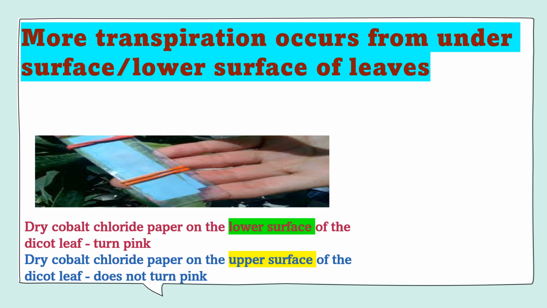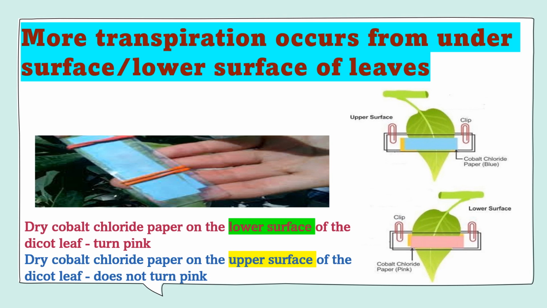In this picture you can see clearly, here this is the upper surface, then this is the lower surface of the leaf. On both surfaces we have to place dry cobalt chloride paper. Then this cobalt chloride paper is held in position by two glass slides on either side, tied or held by clips.